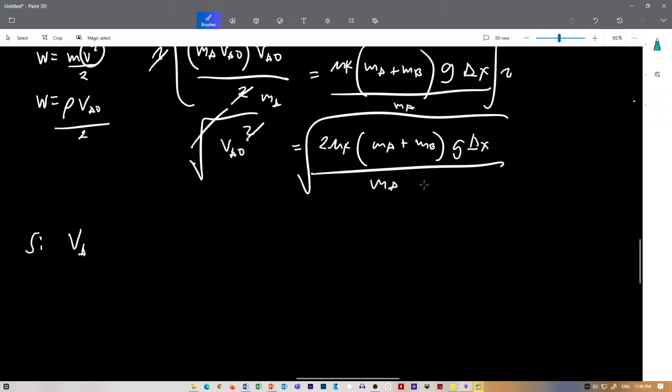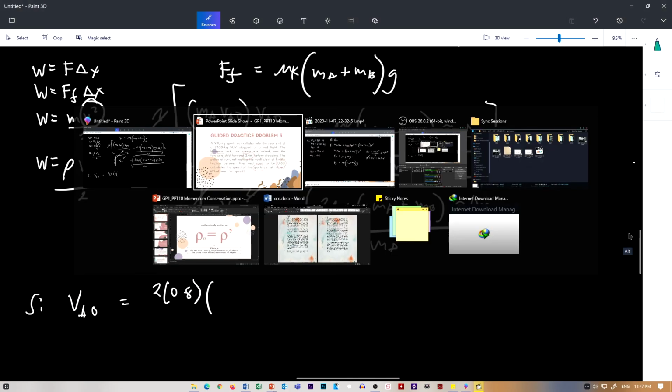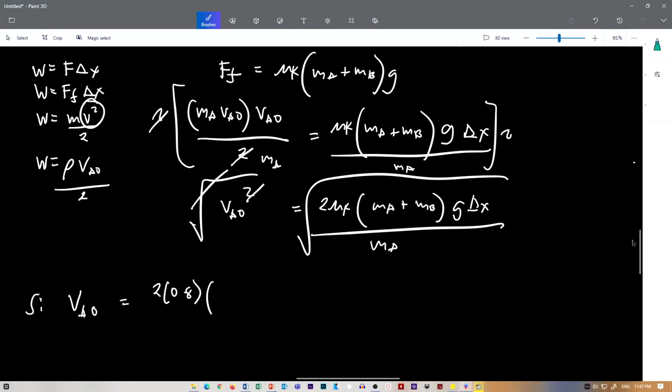So we have v sub a sub 0 is equal to, so 2 times 0.8, correct, multiplied by 0.8 multiplied by, what's our m sub a? 980 and 2300. Are those values correct? Okay, those are correct.